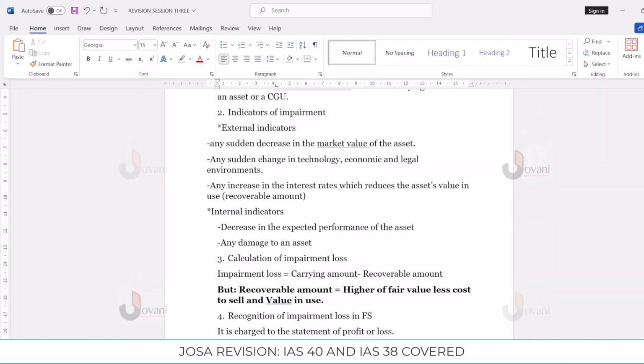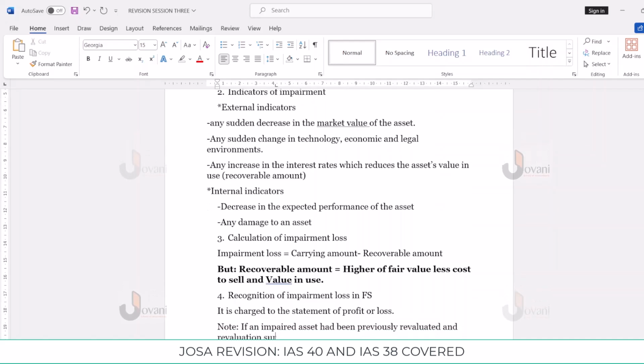Note, if an impaired asset had been previously revalued and the revaluation surplus taken to OCI, then the impairment loss for the year is charged to OCI, and any remainder taken to profit or loss.